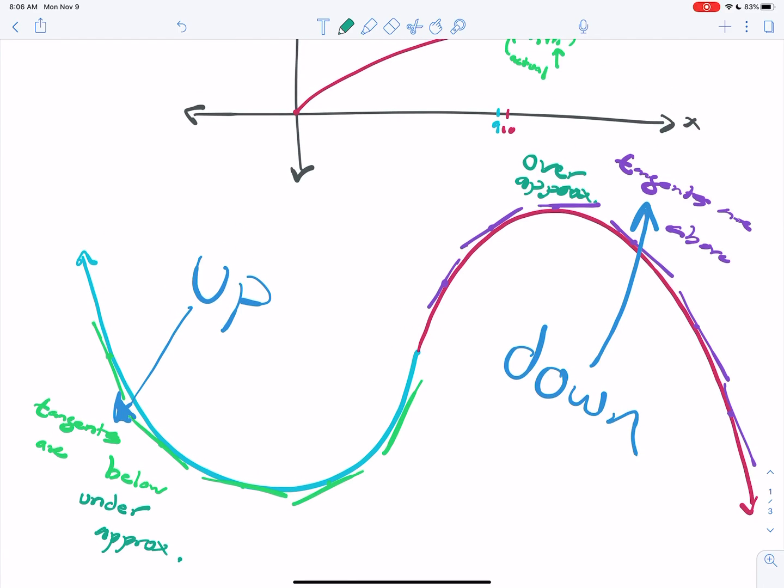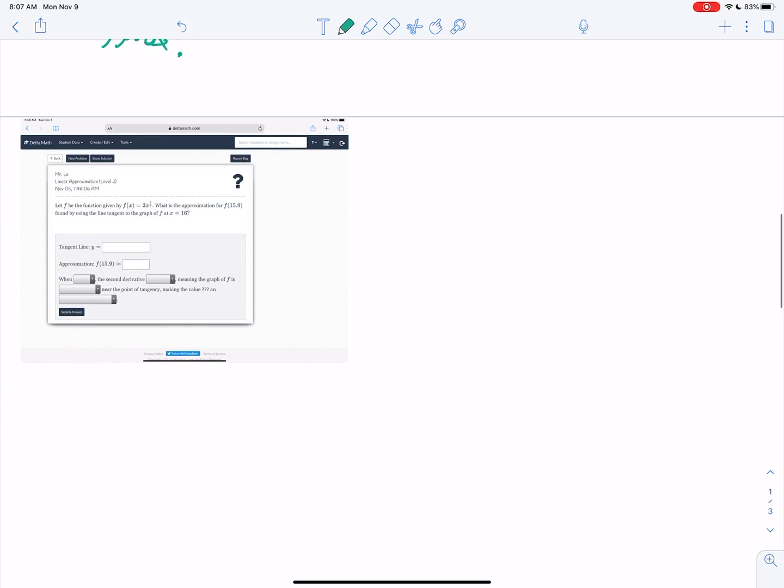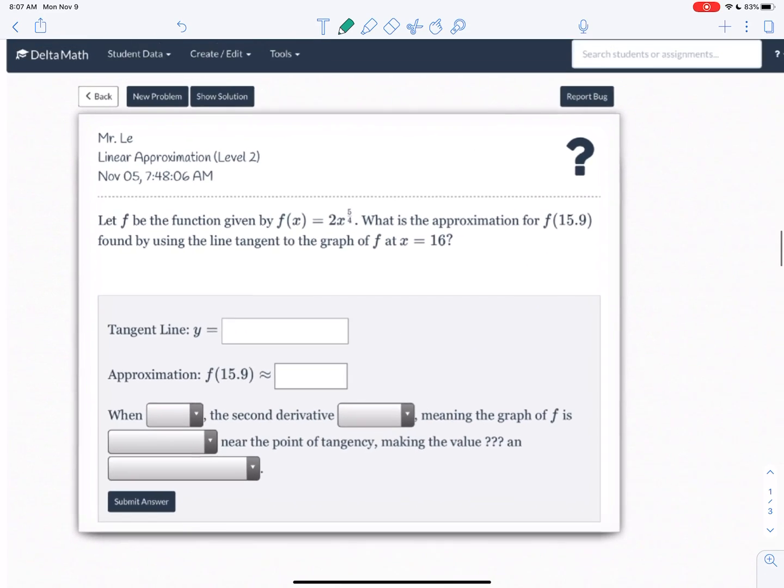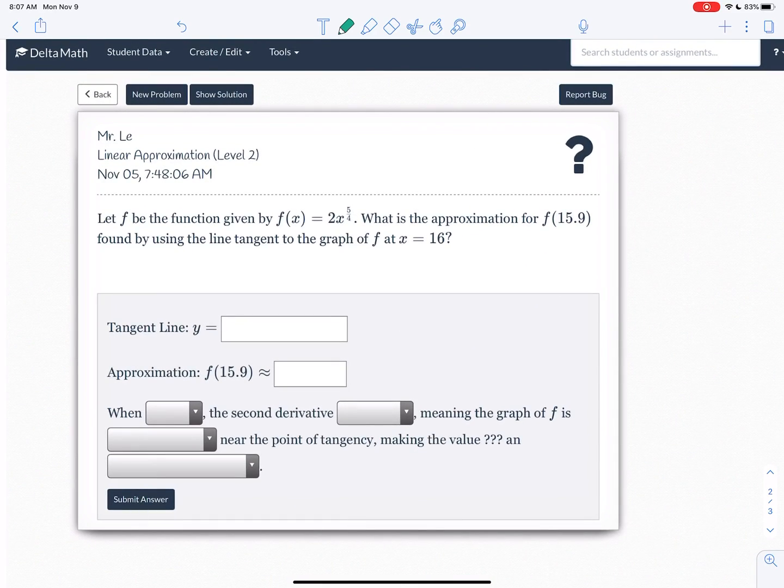So how do we actually do one? I'm actually going to model you guys something that you'll definitely see on Delta Math, but also on your AP exam. So I encourage you guys to write this one problem down because that's all you'll really need. So take notes in detail here. All right, so let f be the function given by f of x equals 2x to the 5/4 power.